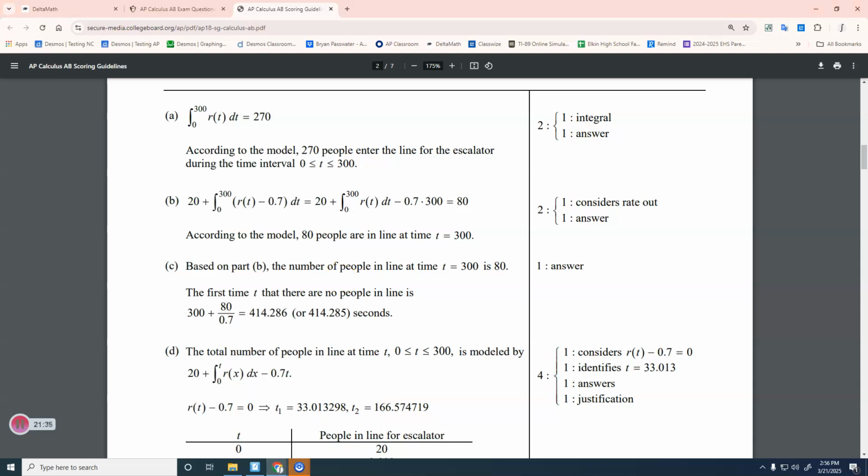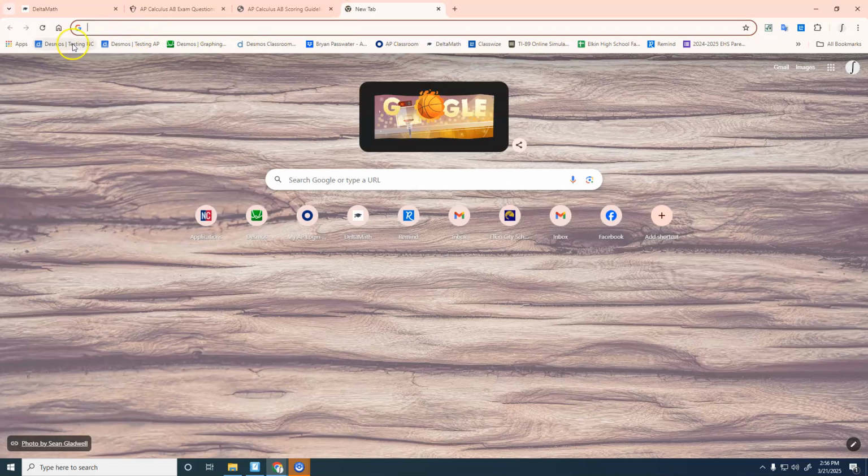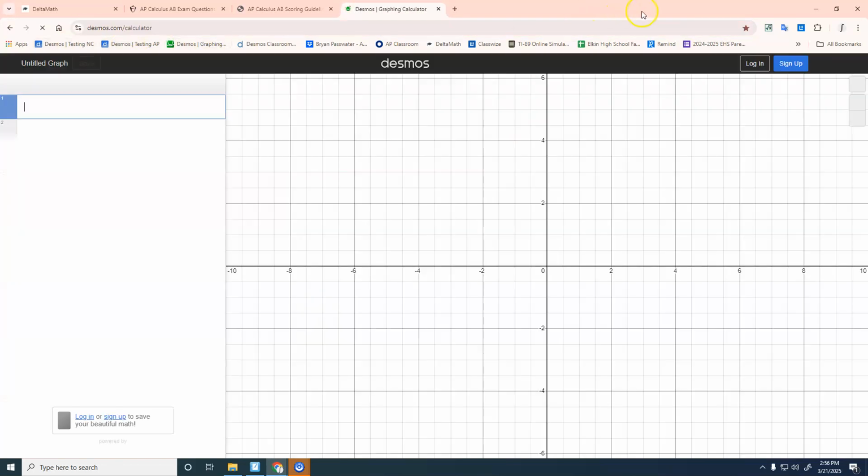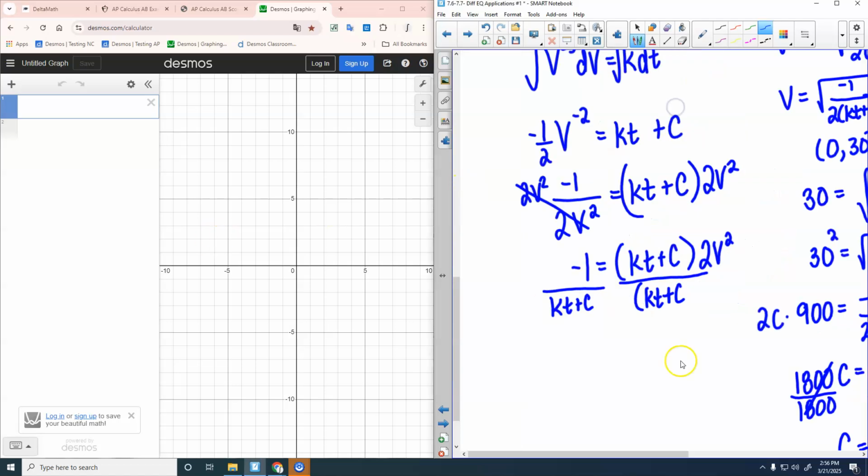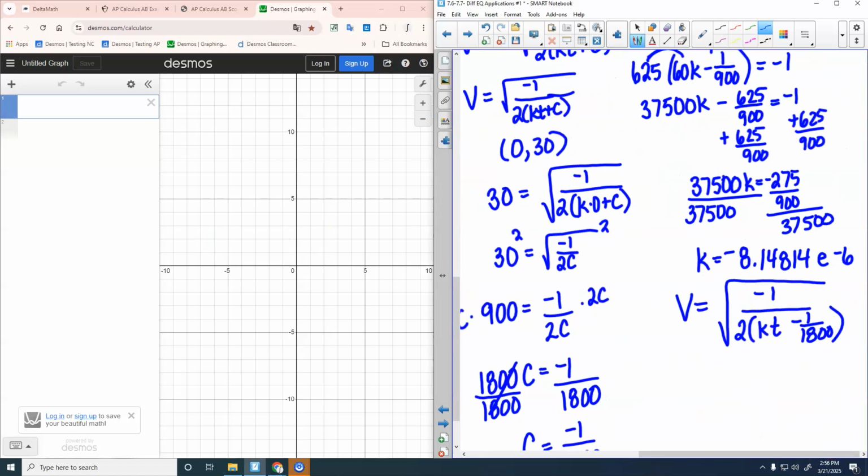So if we go over here to Desmos and we graph this equation that we have here.